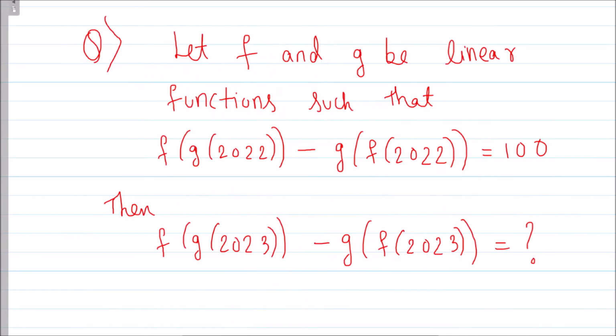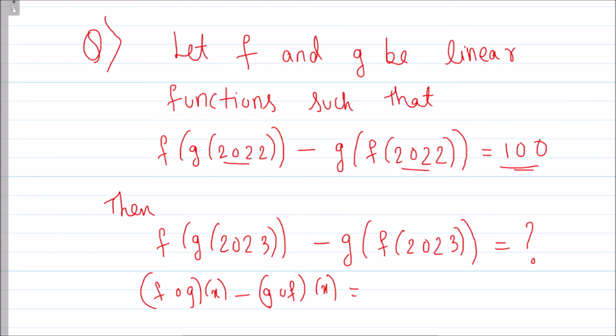So I think now you have got the answer. So this can be any number. If you know the value of f compose g of x minus g compose f of x at even one point, then everywhere it will take the same value. So here f of g of 2022 minus g of f of 2022 is 100.